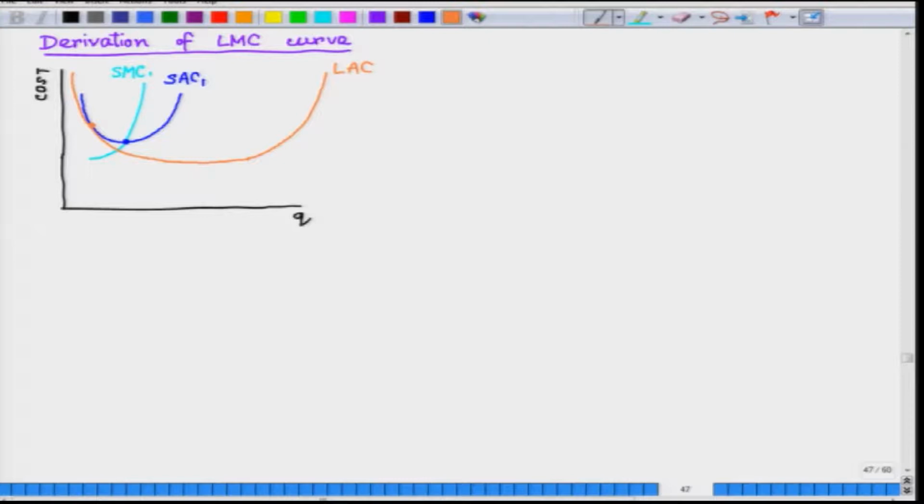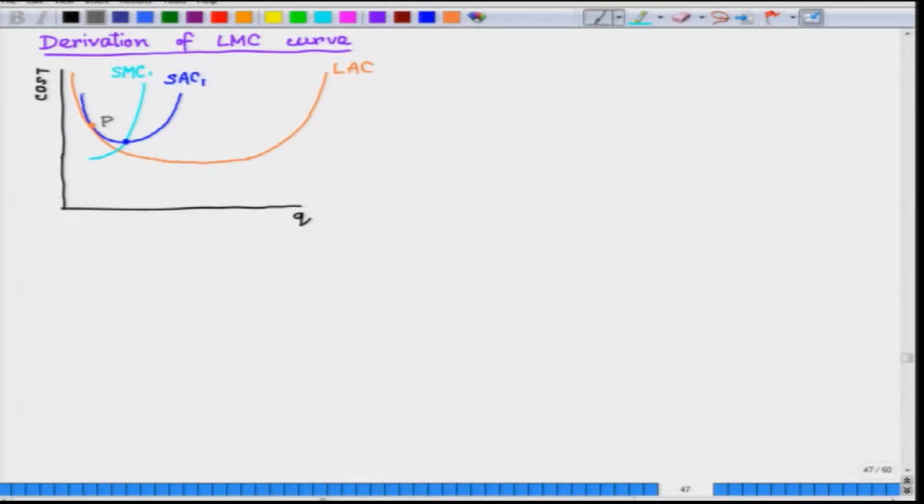Now, I take 2 points. So, one point could be here. Let me denote this tangency point by point P. This has implication, that is why we need to name these points properly.